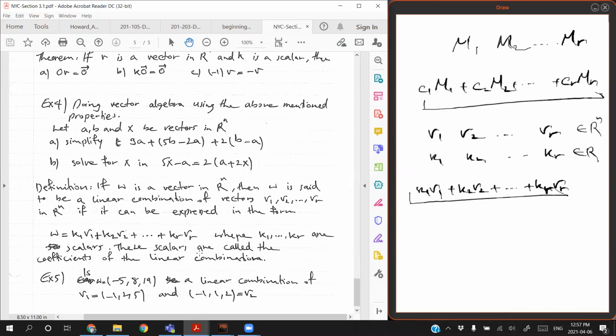And these K values are called the coefficients of the linear combination.